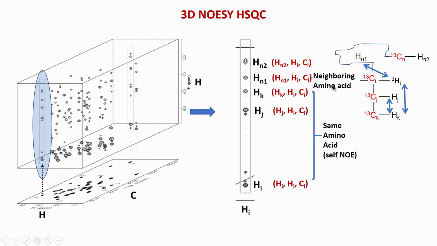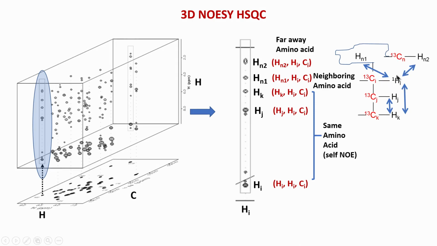This is called a sequential NOE; sequential means the previous or neighboring amino acid. We also used the word sequential earlier in assignment. Now, this peak you are seeing here could be from a far away amino acid, and it is again showing an interaction with Hi because it is close in space. Remember, the word close makes a big difference; it has to be proximal, but sequence wise it is very far.